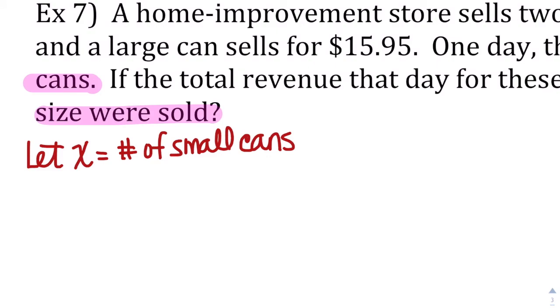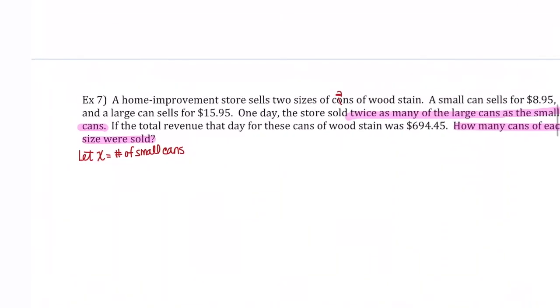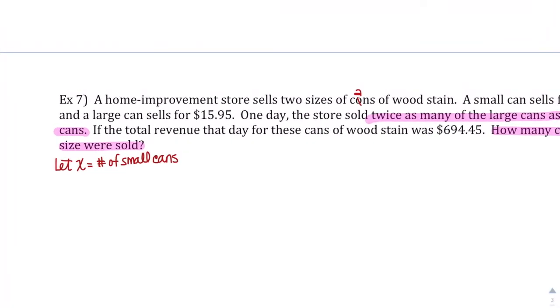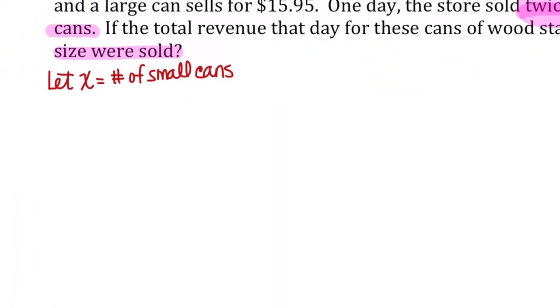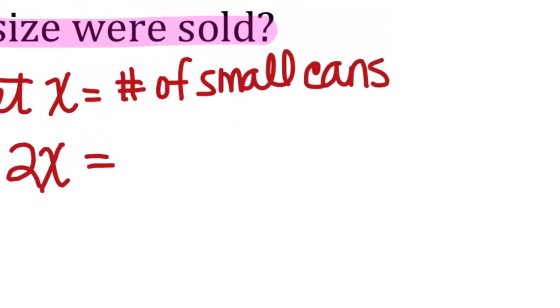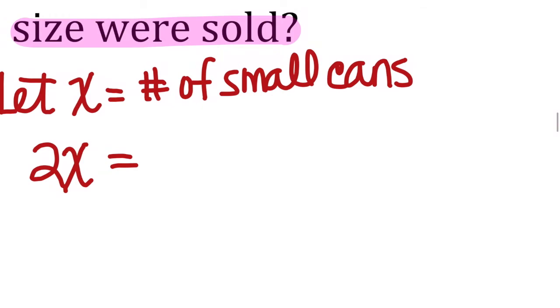And then since the large was twice as much of the small one, I'm going to say 2x equals the number of large cans.